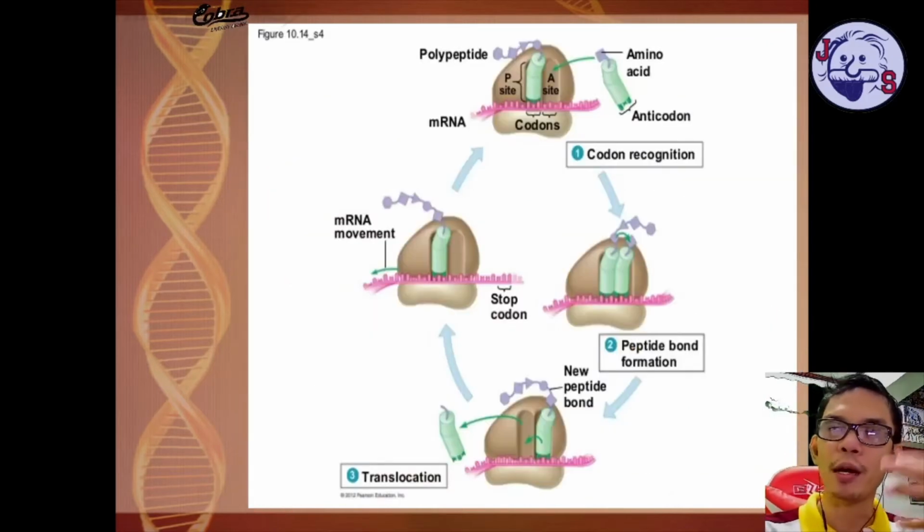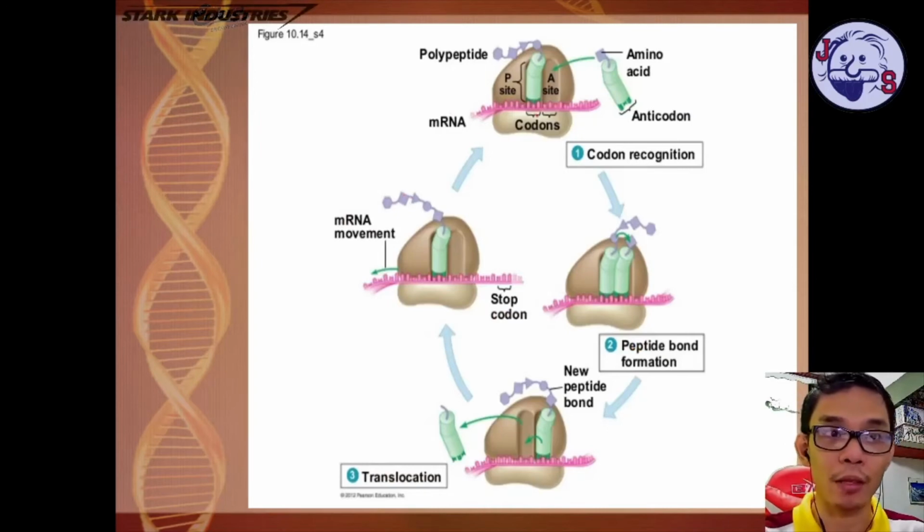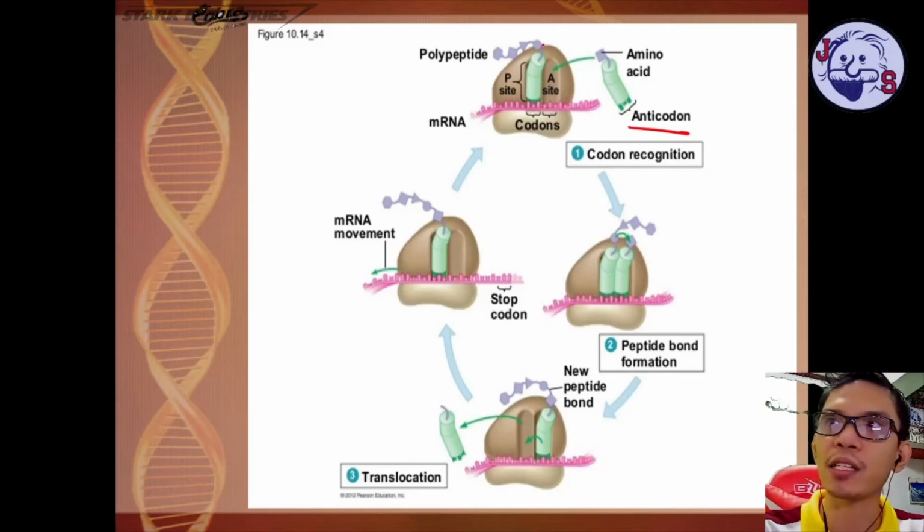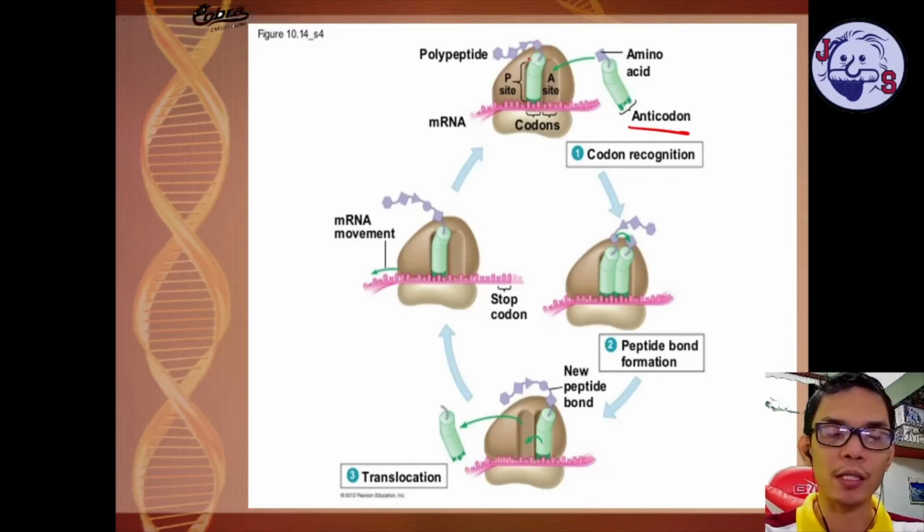So we have right here the step-by-step process. It starts first with the anticodon approaching the mRNA over here in the ribosome, and as it does, it creates a chain of amino acids, now called a polypeptide chain in the process.